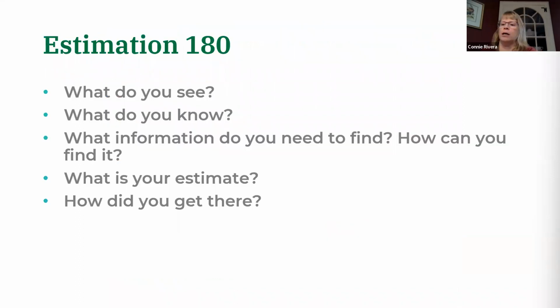All right. So at Estimation 180, you can find sets of things. I want to point out that at first I went on there, and the beginning questions are a lot of pictures of a guy, and I don't want this to sound rude, but it just looks like white California money.